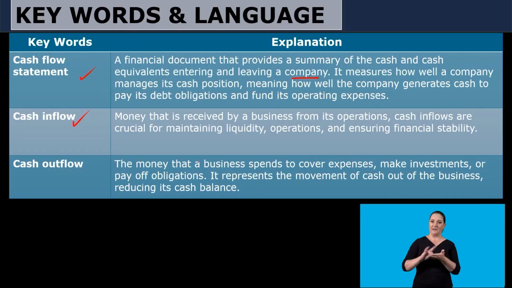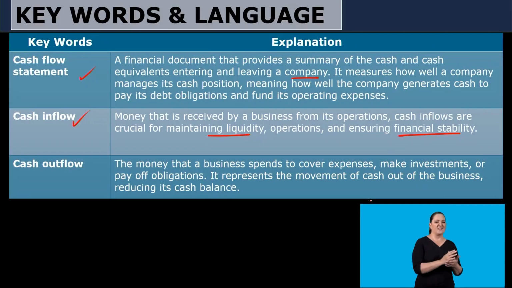And what is cash inflow? Cash inflow is money that is received by a business from its operations. Cash inflows are crucial for maintaining liquidity, operations, and ensuring financial stability. So you have to understand that of the three parts of the cash flow statement, that is the operations, the investment, and then the financing activities, there will be cash inflows and there will also be cash outflows.